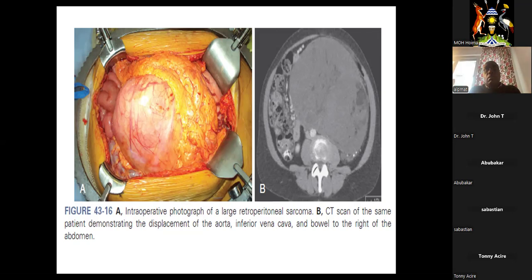And then the presenter talked about retroperitoneal fibrosis. I've seen a few cases of this. In some cases, we don't know exactly what the primary lesion or the cause is.